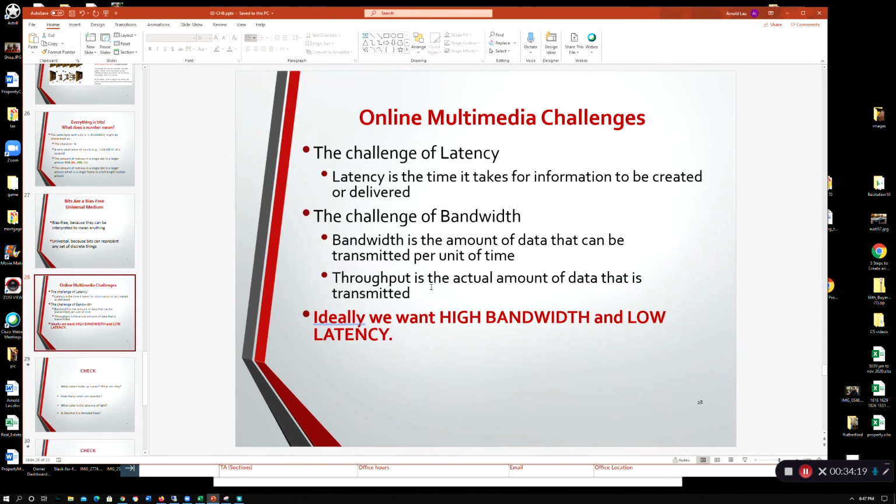You think about how big your pipe is, and how fast it can go from one end of the pipe to the other. Ideally, you like a big monster pipe with super fast information going through it. These are the things you care about when you look at bandwidth and latency.